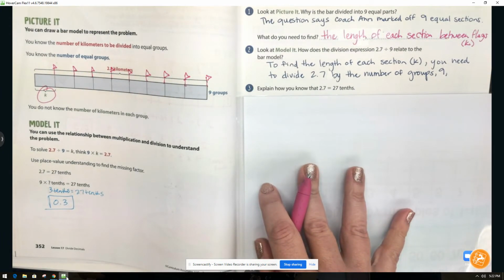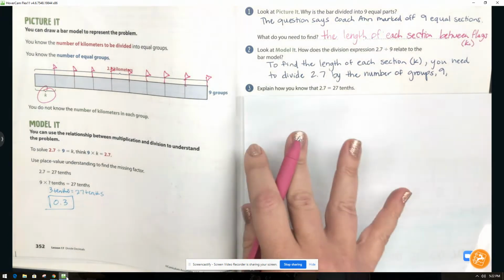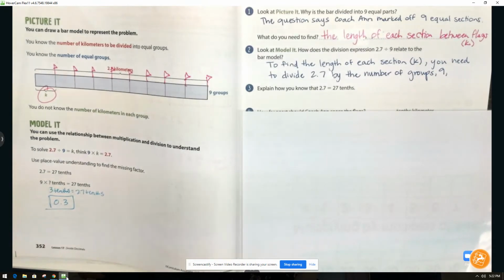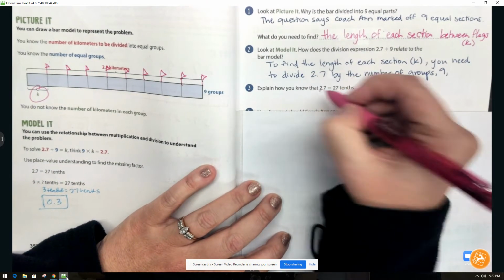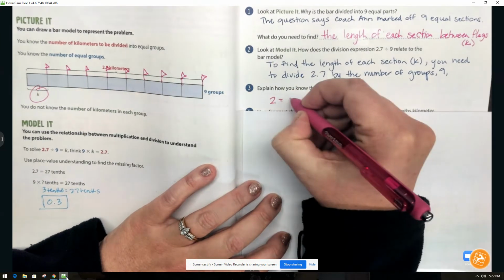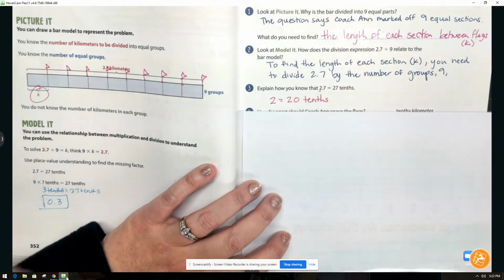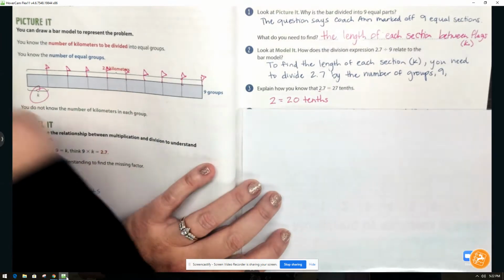Number 3 says, explain how you know that 2 7/10 is equal to 27/10. So how do we know that? Well, if we're looking at just the 2 wholes, that is equal to 20/10, because 1 whole would be 10/10, so 2 wholes would be 20/10.